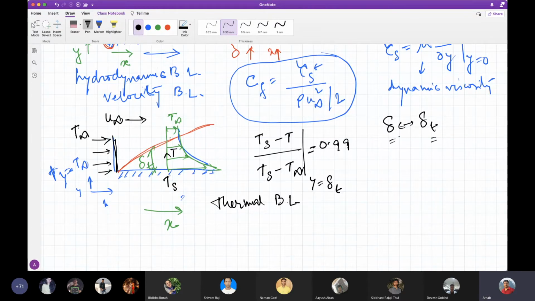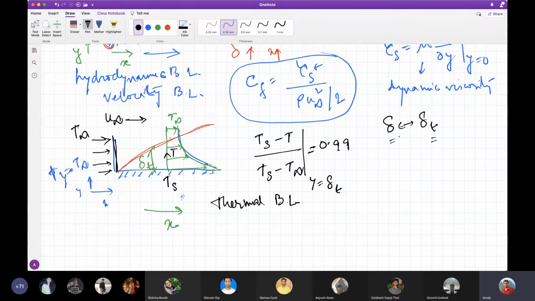Whether both will have a similar thickness or different, we will understand later, but one logical deduction is that these two thicknesses are not identical, because the thickness of the hydrodynamic boundary layer depends on the velocity of the fluid, which also dictates the convective heat transfer, and in other terms also dictates the thermal boundary layer thickness.